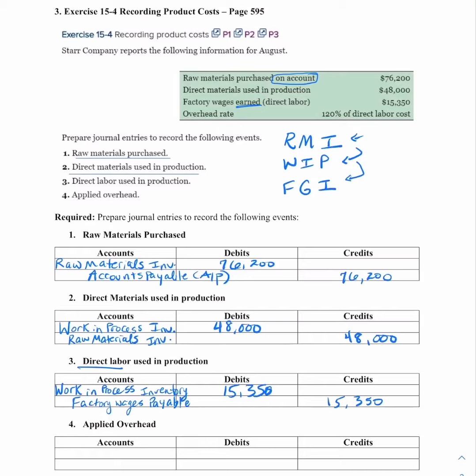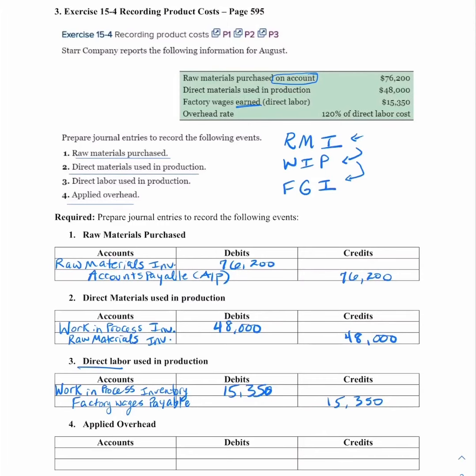So the very next item here is we want to look at how we apply overhead. So overhead, if you've read through the chapter, is this idea of there's certain costs that we can't directly trace to an individual cost object. So instead we have to guess and say, well, how much of that total cost do we think comes from things like utilities or supervisor salaries and all these items?